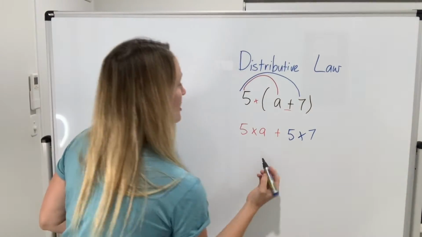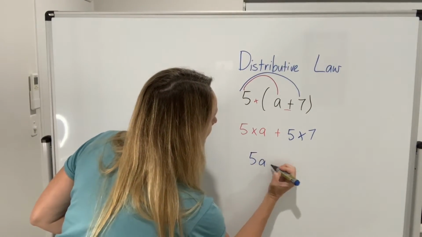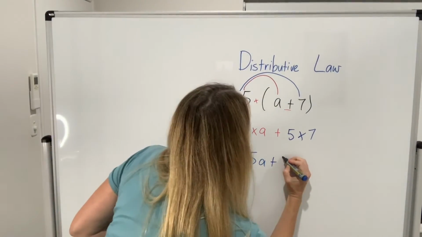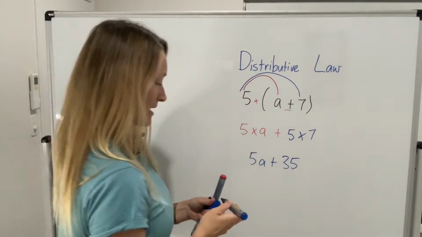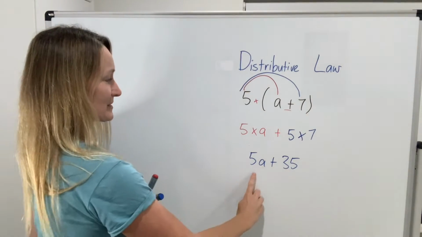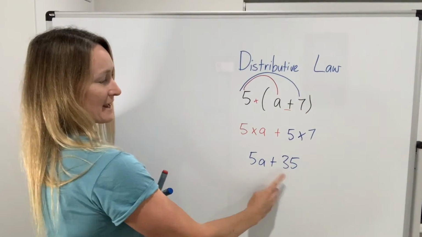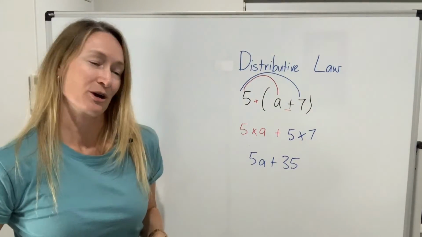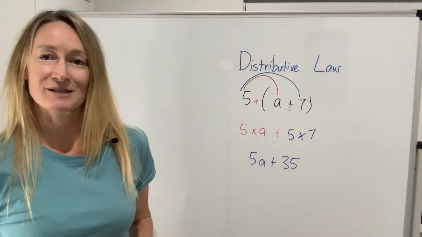Okay, so we know 5 times A, that's the same as saying 5A plus 5 times 7 is 35. And we can only add like terms. We've got a variable A and we've got no variable here. So that's as far as we can go there, our answer, 5A plus 35.